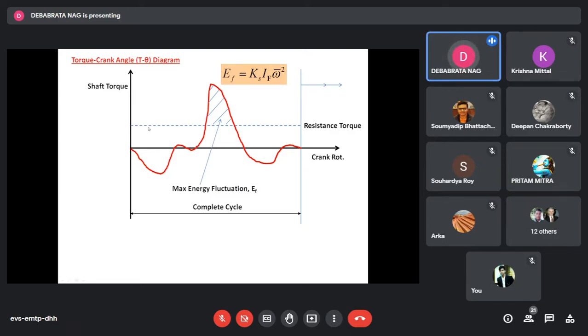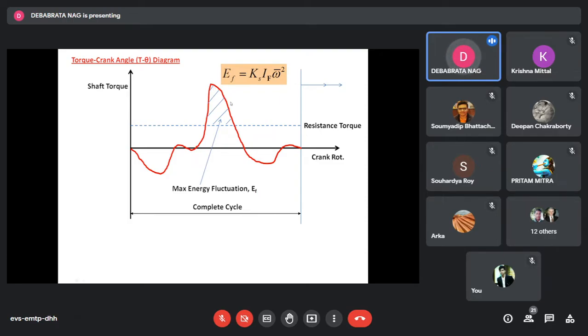It means that the net energy, that means the area under this loop, during this phase of the cycle, the amount of negative area indicates that your demand is more, but the supply is less. A similar thing happens in this negative area as well. But in this positive part, the reverse happens. That means demand is less, but the supply is more.